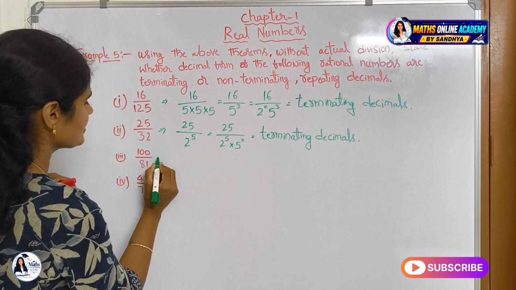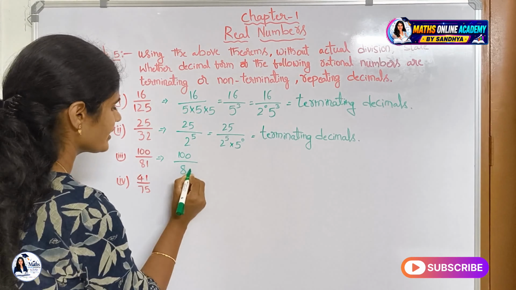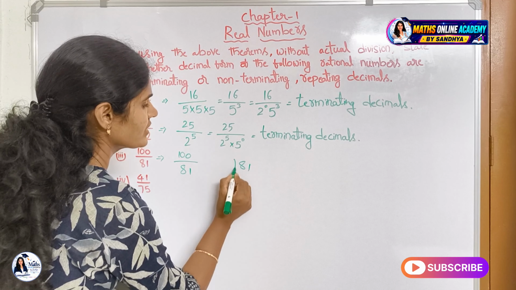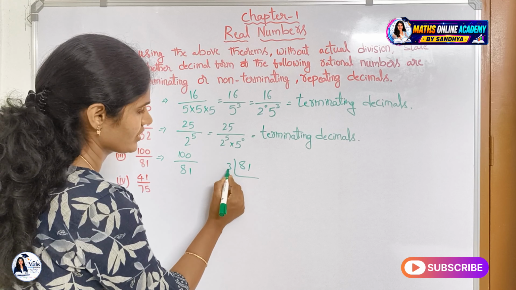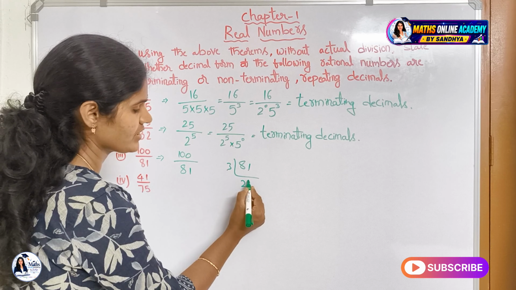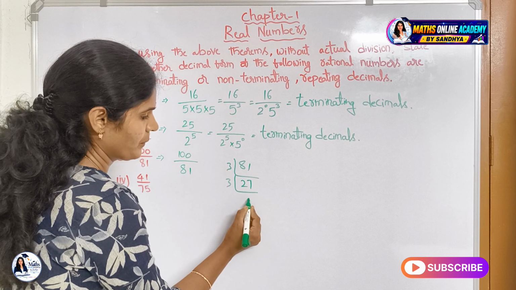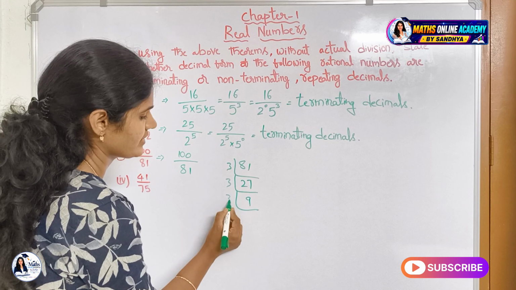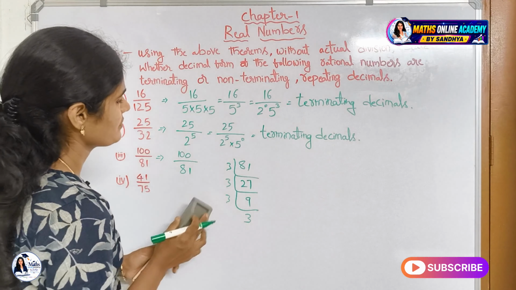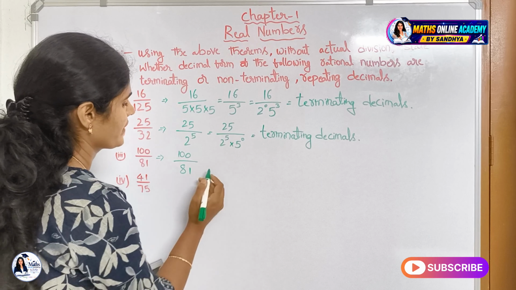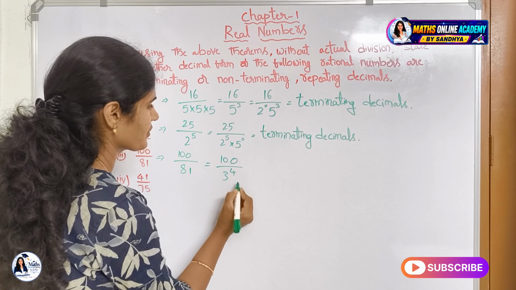Terminating decimals. Next one is 100 by 81. For 81, the factors are 3 into 3 into 3 into 3. How many times? 3 power 4. So it equals 100 by 3 power 4.